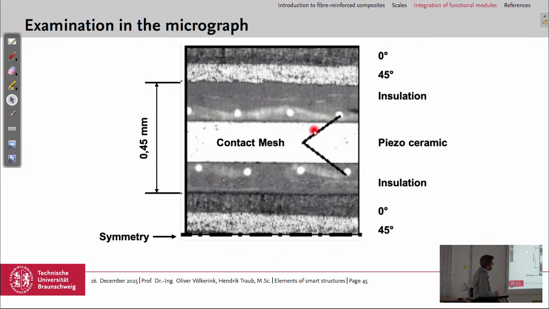We have here the piezo ceramic in the middle. Here's the contact mesh we apply to contact the electrodes, and the insulation also with the thermoset resin of the functional module. And then we have a symmetry here, so same on the other side.